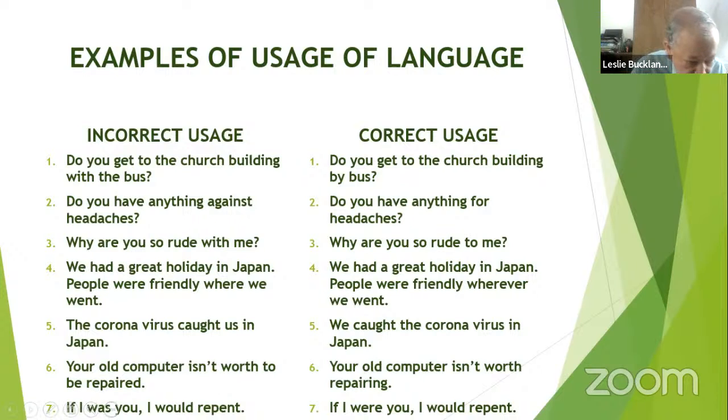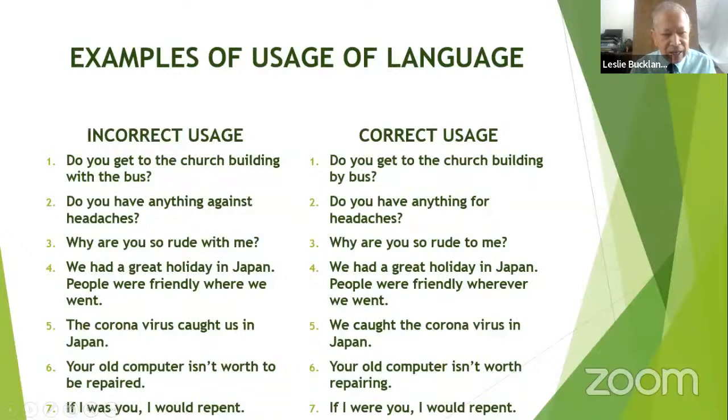Number seven, if I was you, I would repent. When we are using a contrary to fact condition, you see, we're not that person. When we use if I in a contrary to fact condition, as we say in English grammar, we don't use the word was, because was is used in contexts in which we are affirming a fact, or we are stating what is real or actual.